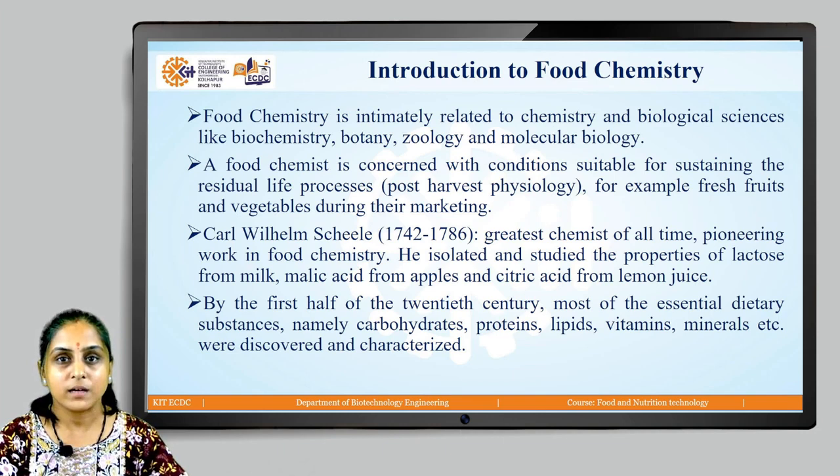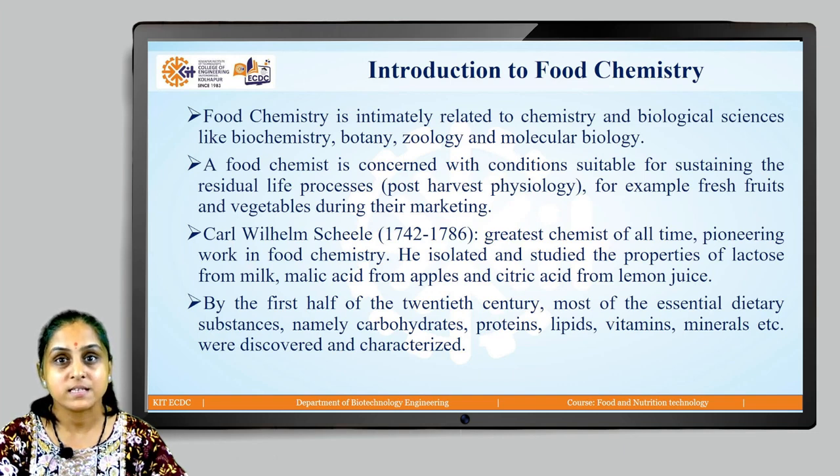Let us quickly look at the history of food chemistry. A scientist known as Carl Wilhelm Scheele, from 1742 to 1786, did some of the greatest work. He isolated and studied various properties of lactose from milk, malic acid from apples and citric acid from lemon juice.